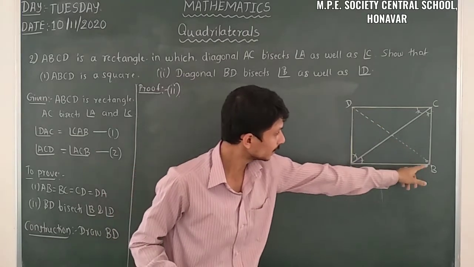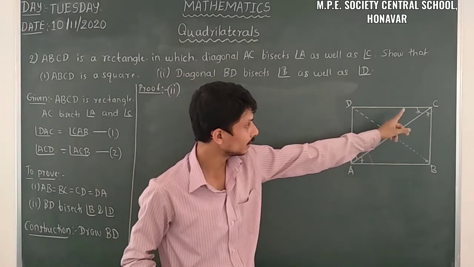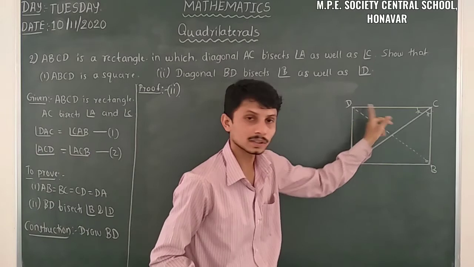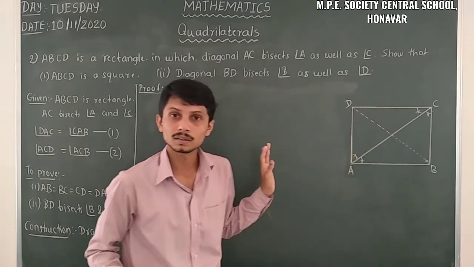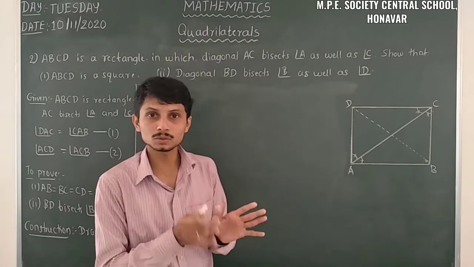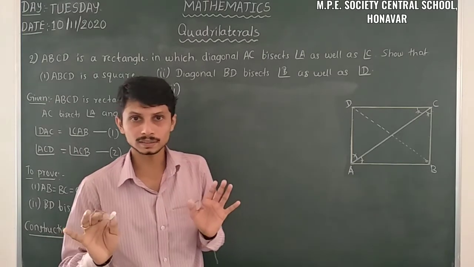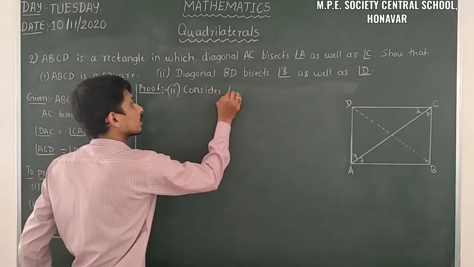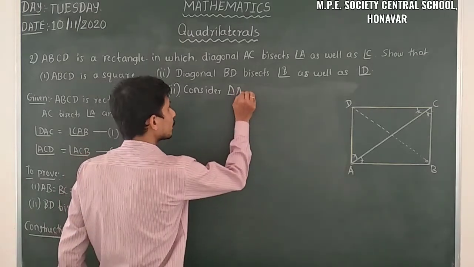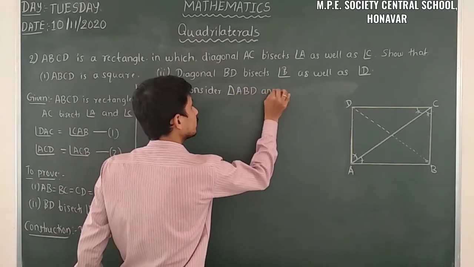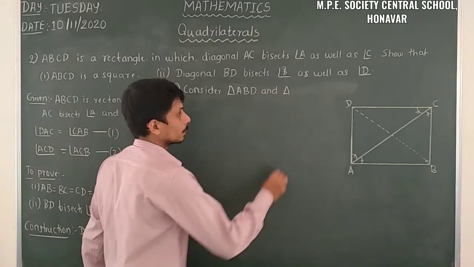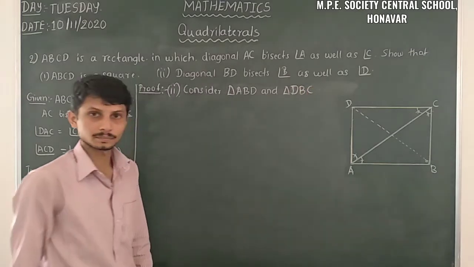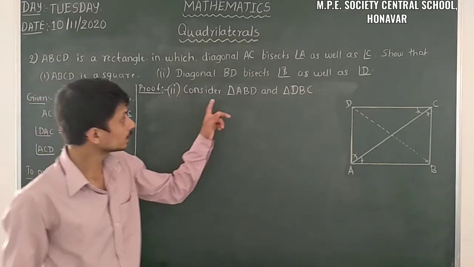So we can split into two triangles, ABD and DBC, because we want these angles. So consider triangle ABD and triangle DBC.